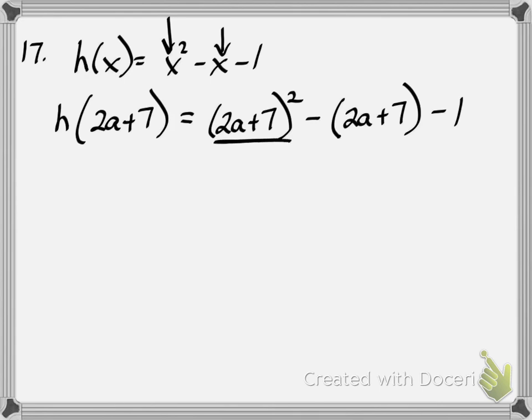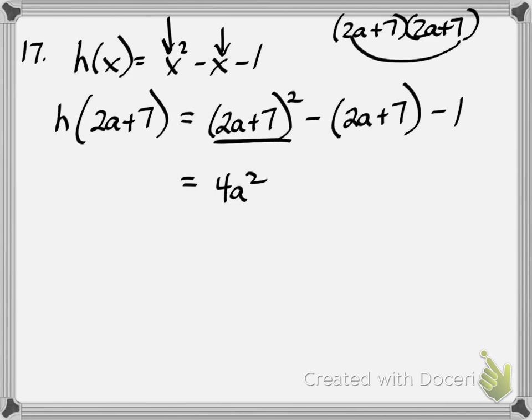So right here, we need to write that down twice so we can FOIL it. So that is first, 4a squared. I love to do outer for 14a and inner for 14a, so combine those and get 28a. And then last is 49.